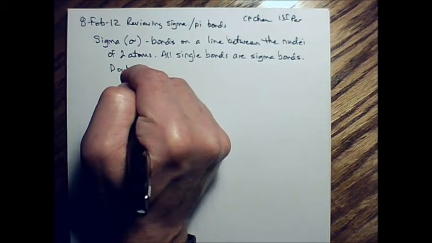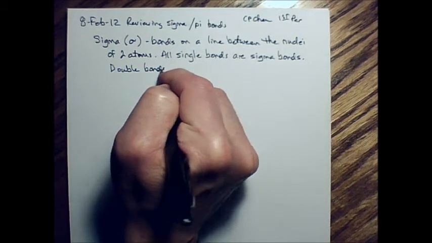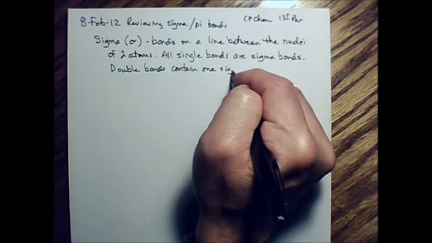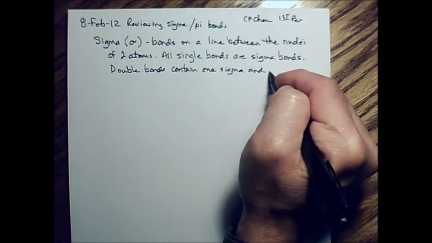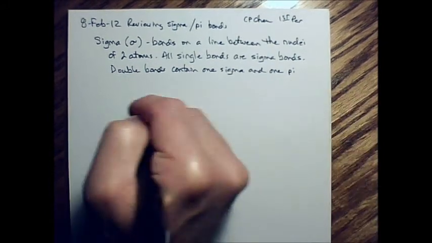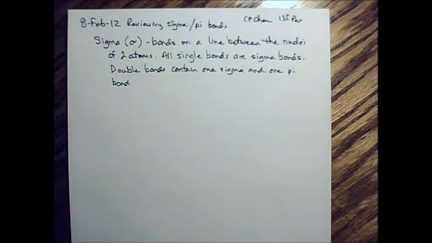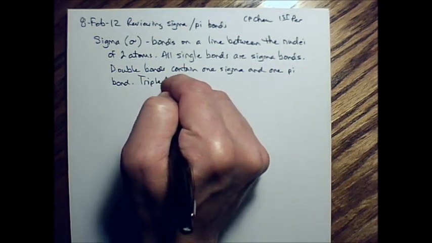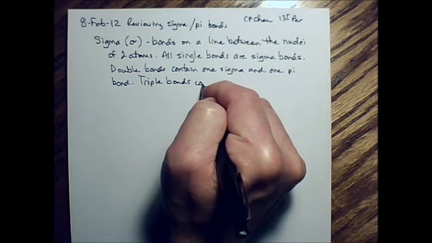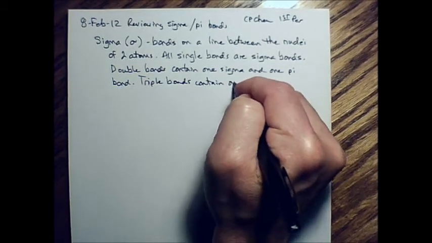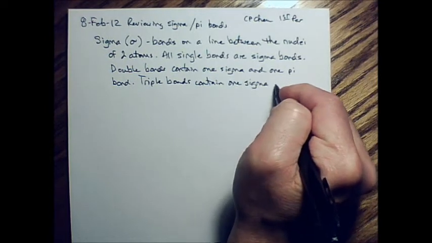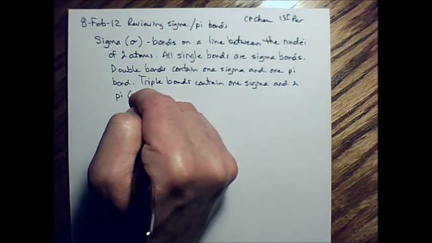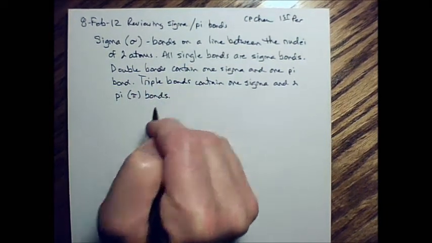Double bonds contain one sigma and one pi bond. And triple bonds contain one sigma and two pi, symbol pi, bonds. Okay?